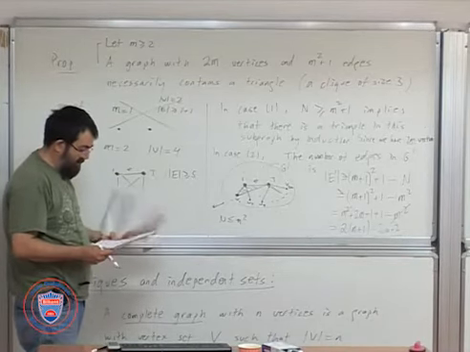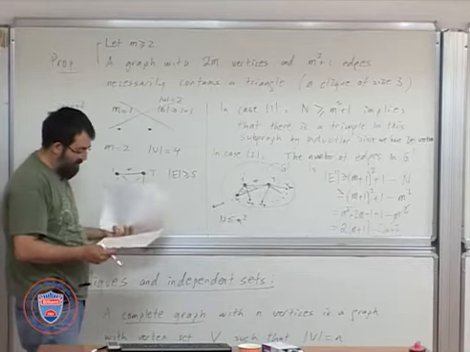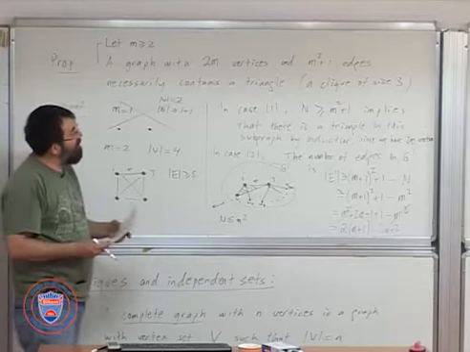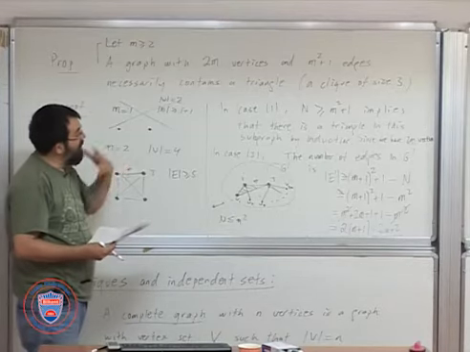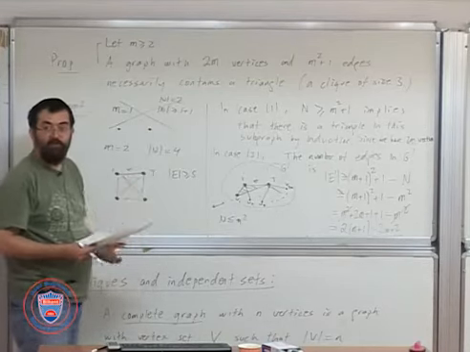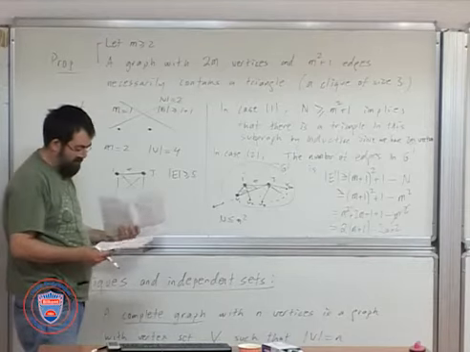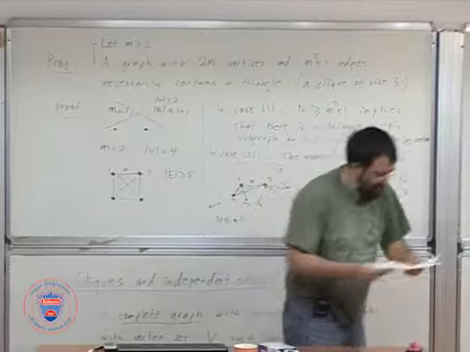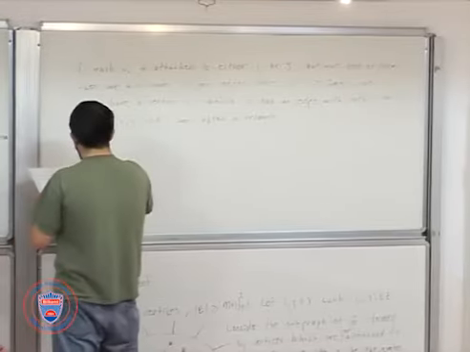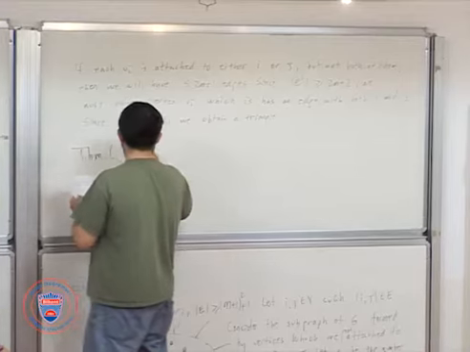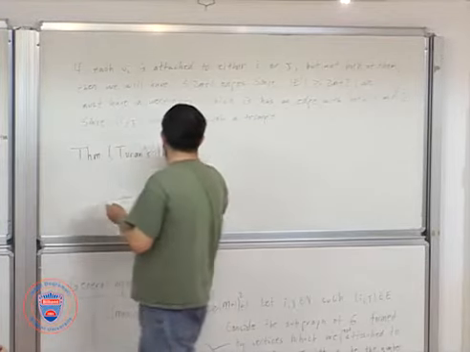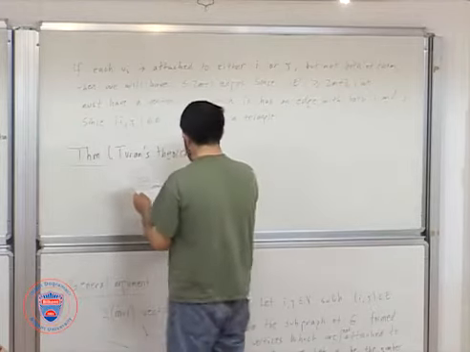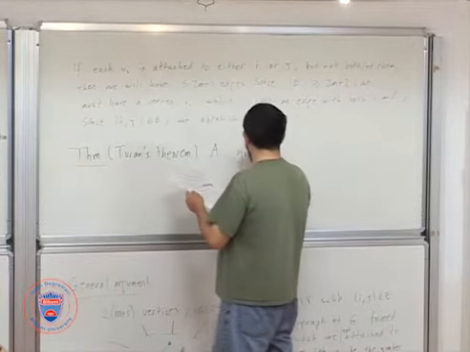We will state some result which guarantees that there is a clique of size k if you have, again, a lot of edges compared to the number of vertices. It's called Turan's theorem. This is a generalization of this triangle argument, but again, we won't be able to prove this.